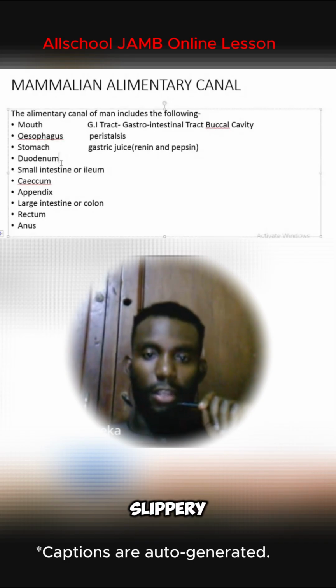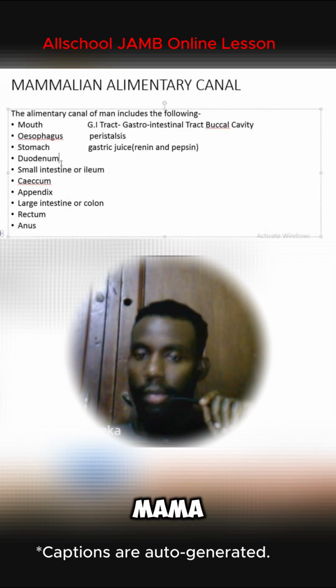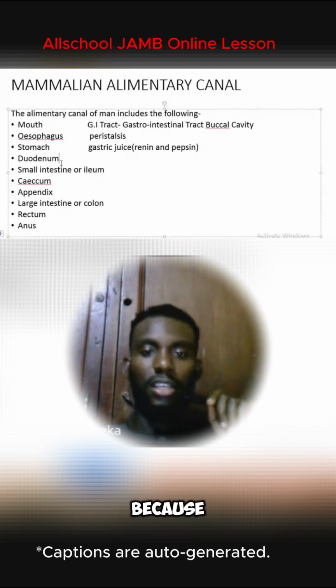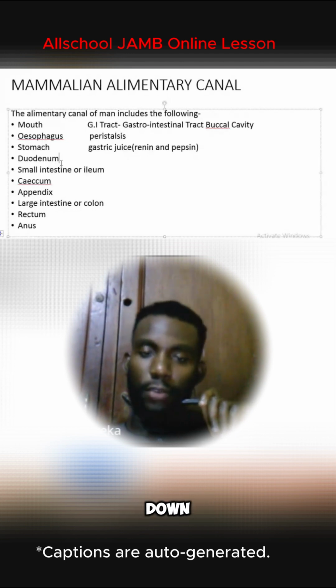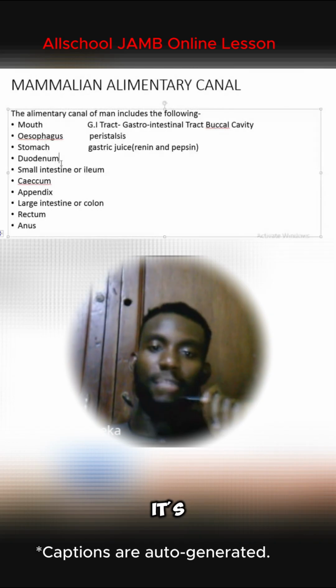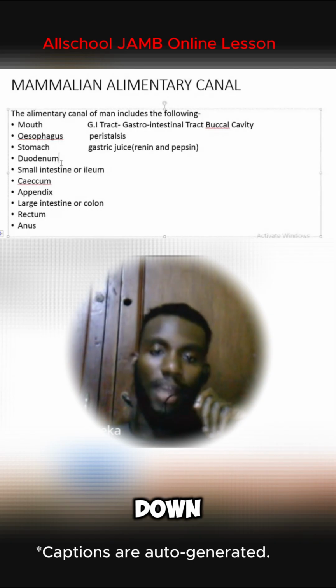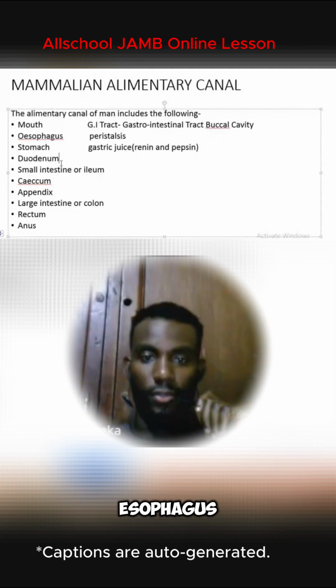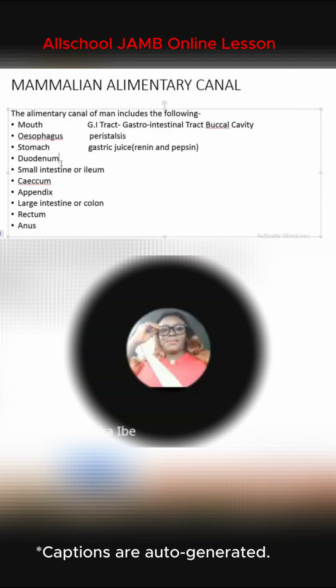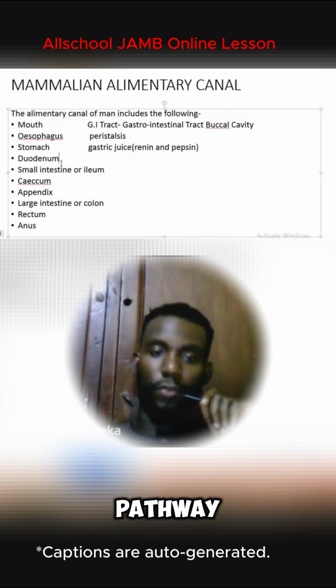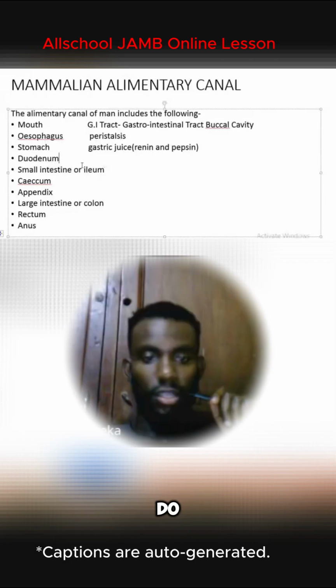Yes, it is slippery, even in a normal mammal. That is because it is the major pipe that passes from your mouth down to your stomach. There is nothing you ingest that will go down without passing through the esophagus. So it is the steady pathway in your body. Do you understand that now?